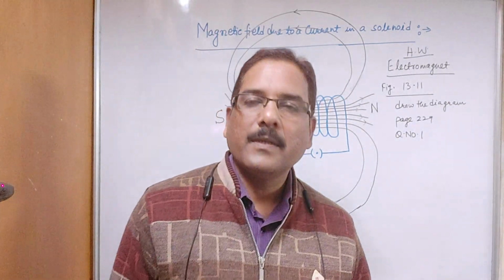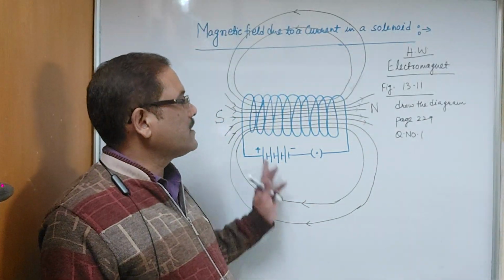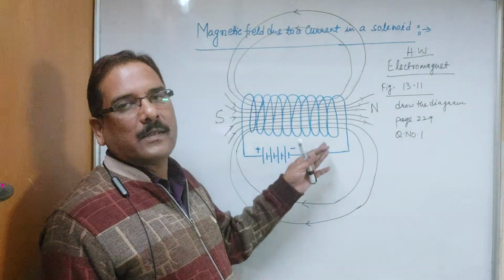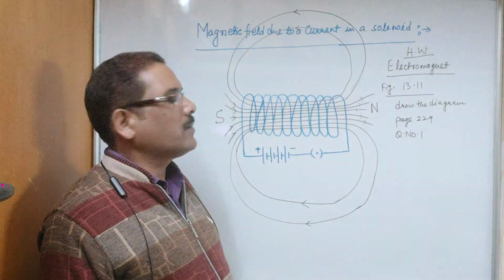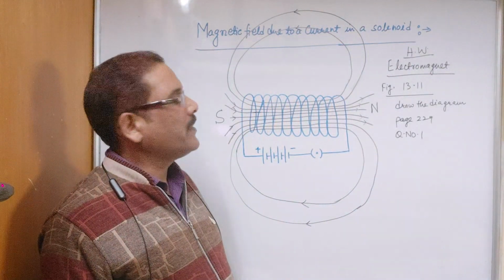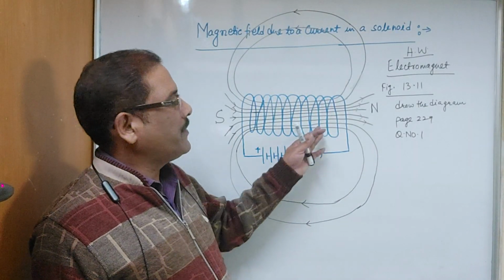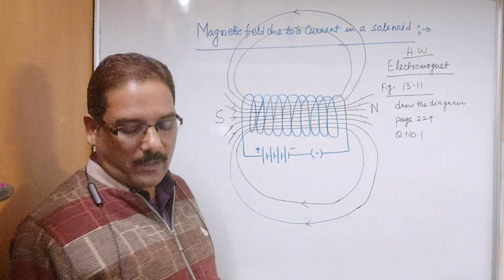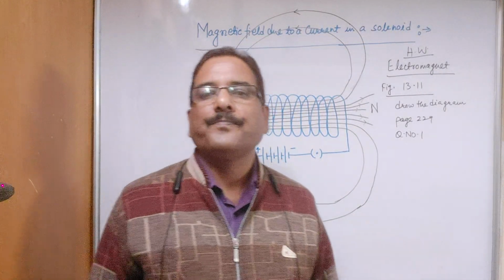So the fourth option is correct, as we have discussed that magnetic field lines are parallel inside the solenoid. It shows that the strength of the magnetic field is uniform. It means the magnetic field is the same at each and every point inside the solenoid. So the fourth option is the correct one.